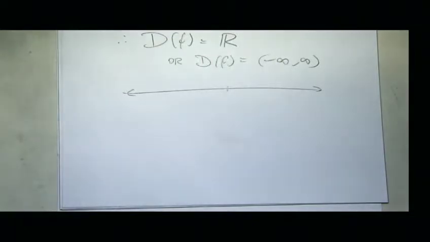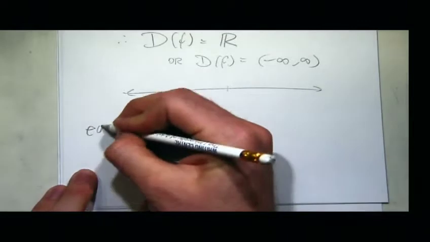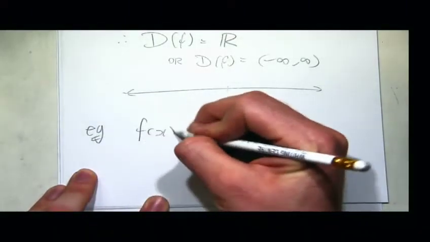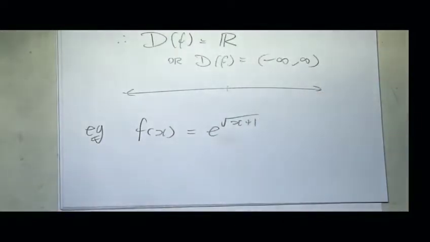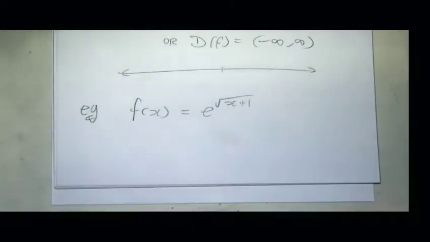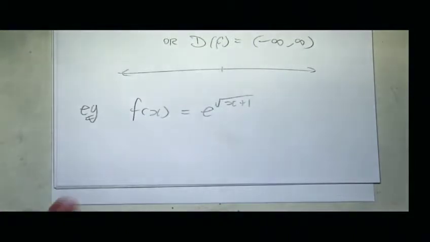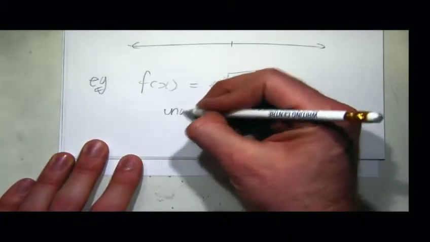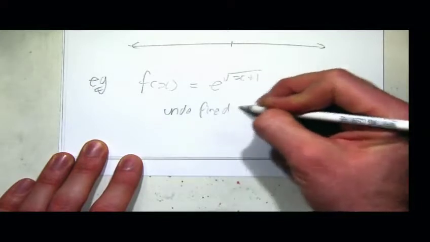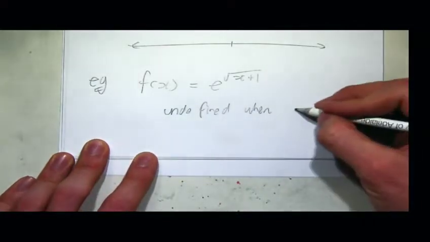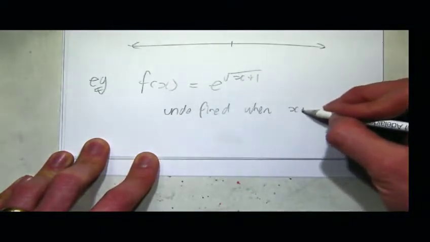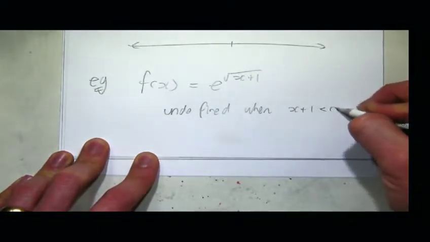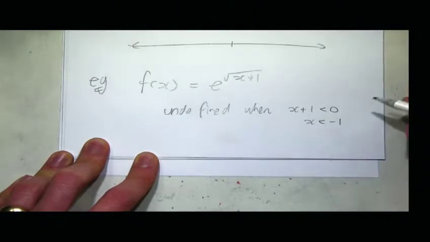I could come up with these off... yeah. So just a final one. I'll just do this round the other way. That one there. So e to the anything is always defined. I don't have to worry about that. Undefined when whatever's under the root sign is negative, which means it's undefined when x is less than minus 1.